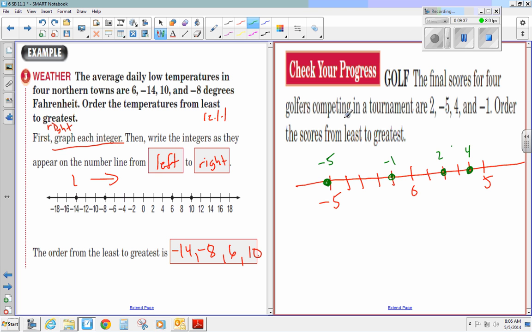All right, least is left, greatest is right. So from least to greatest would be negative 5, negative 1, 2, and 4.